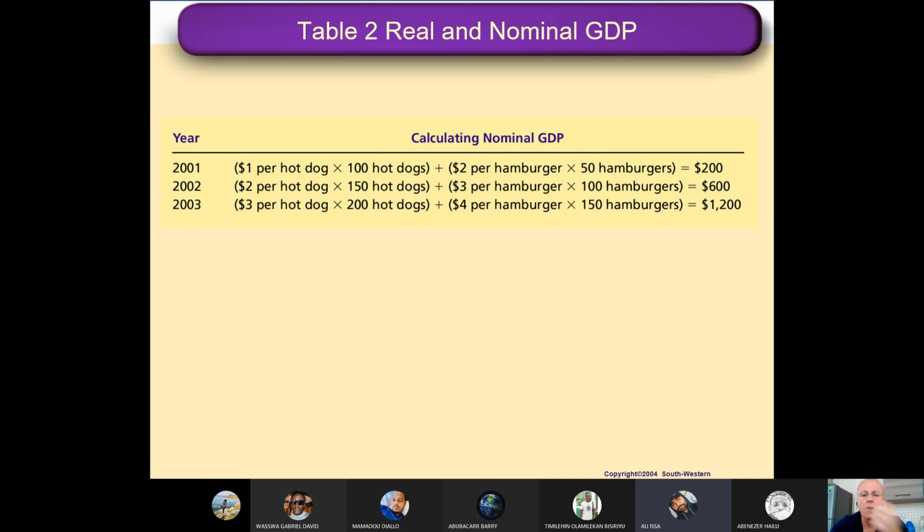nominal values are exaggerated, because as you see here, you have very high numbers, and the politicians always use the nominal values. They talk about how in 2001 our GDP was $200 billion, but now we have $1,200 billion.